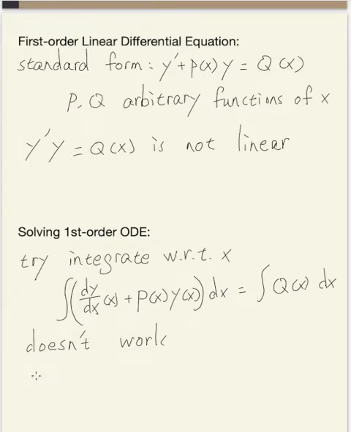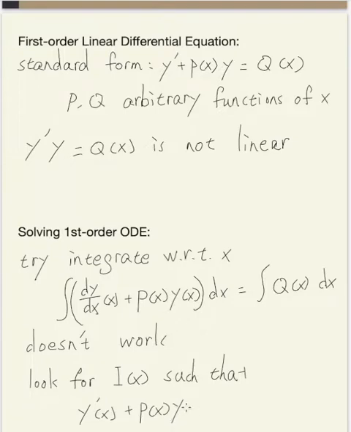Okay, so we want to look for a function called I of x such that y prime of x plus p of x times y of x, this entire thing times I of x, equals the derivative of the product y of x times I of x.